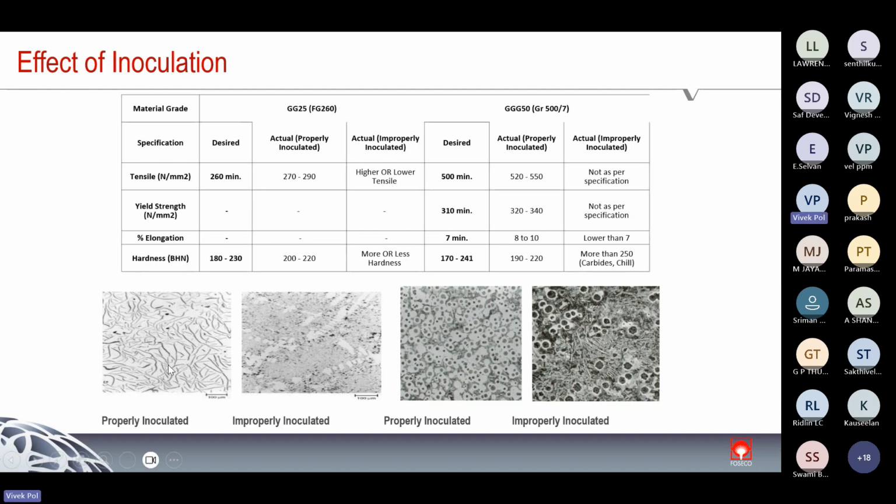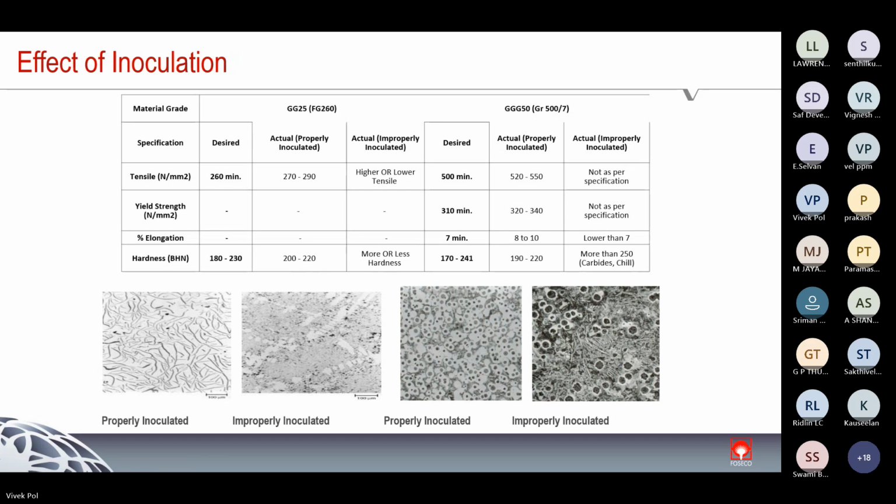What if we do not inoculate the casting properly? For example, in the case of gray iron, you can see gray iron with proper inoculation, and the other picture is without proper inoculation. You can see the microstructure difference.